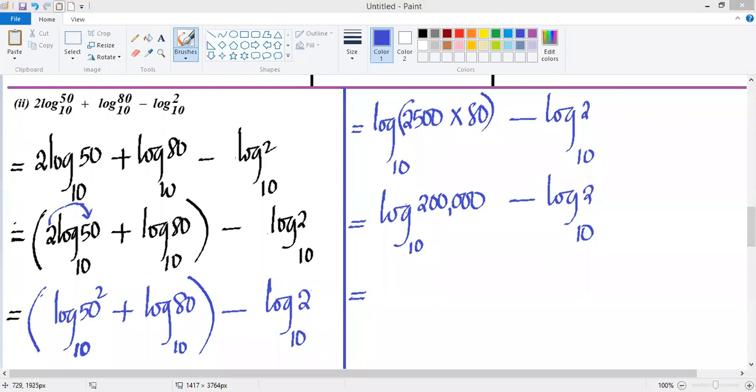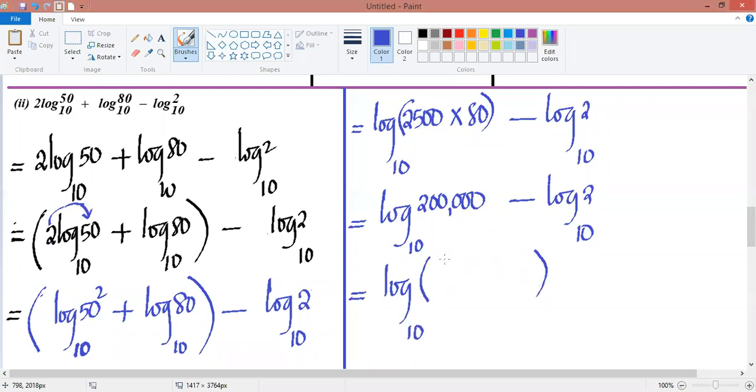The next step should be log of 200,000 divided by 2, which you can finally write as 100,000.